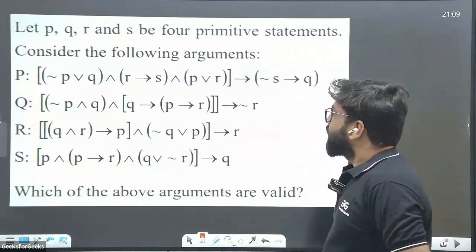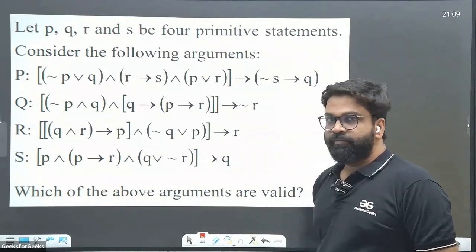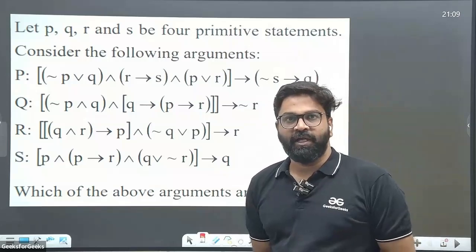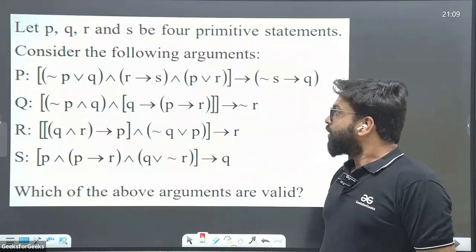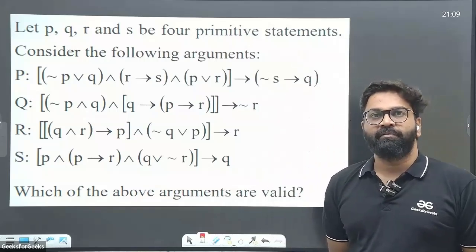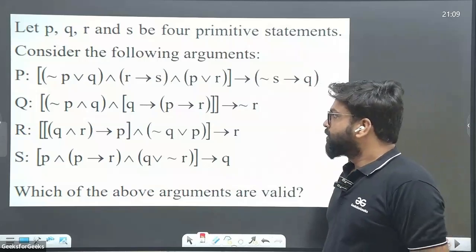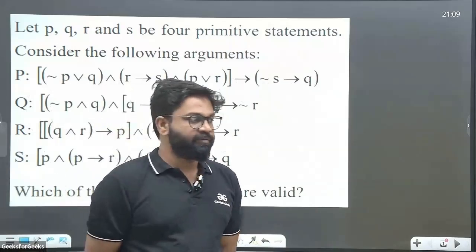So in this, we have to use type 1, and if the question they have given, you have to use type 1. Obviously, if you use the truth table, then what will happen? It will take a large amount of time. Even if you use the truth table with respect to P, it will take a large amount of time.